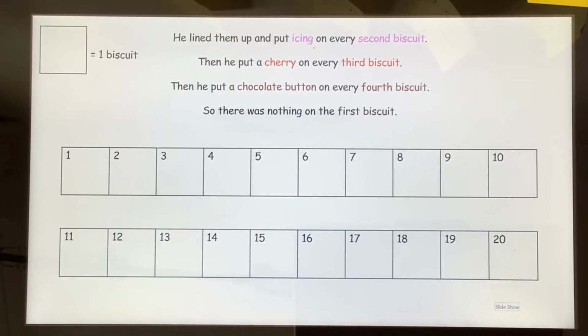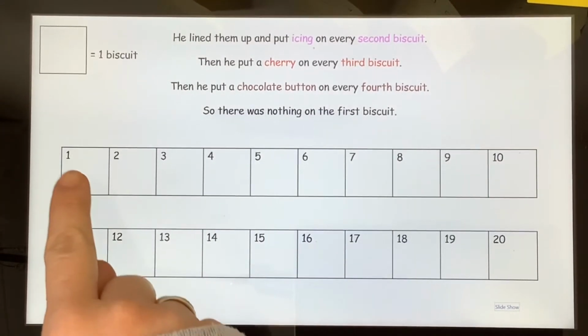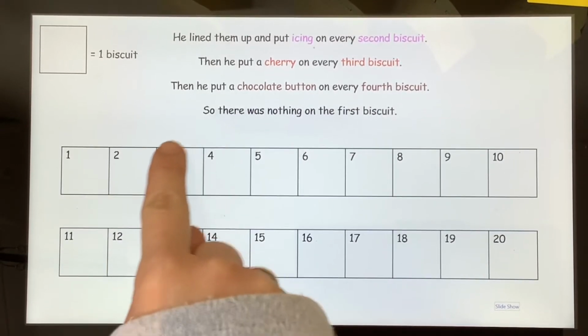Now that I've told you about the second biscuit and that you would count 1, 2 and put icing in every second box, how does that help you with the fact you put a cherry in every third biscuit? Have a think. So hopefully you were able to go through and put cherries, the word cherry or draw a cherry, in every third biscuit. So 1, 2, 3, yes.